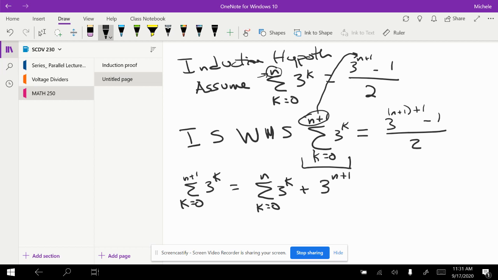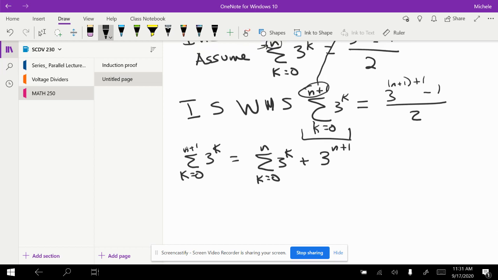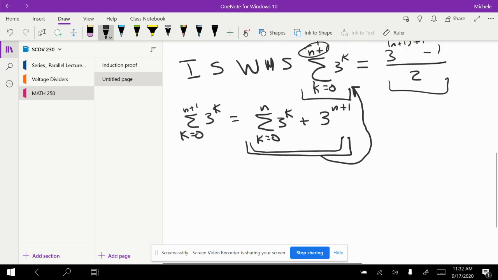Right, so we know that. And then what I'm going to do is take this and plug it in up here for that term, and then set this thing equal to the closed form and see if it works. And if it does, then I've shown that this proof works for all non-negative integers.